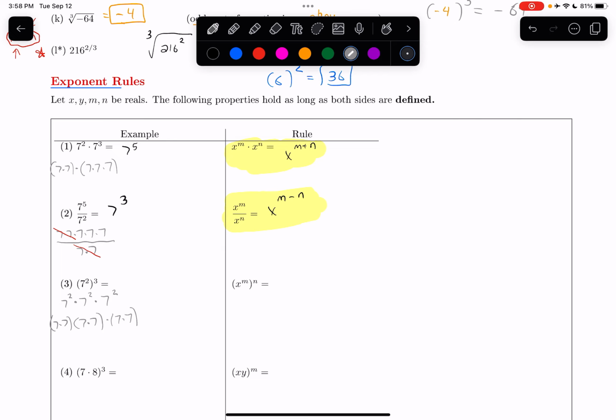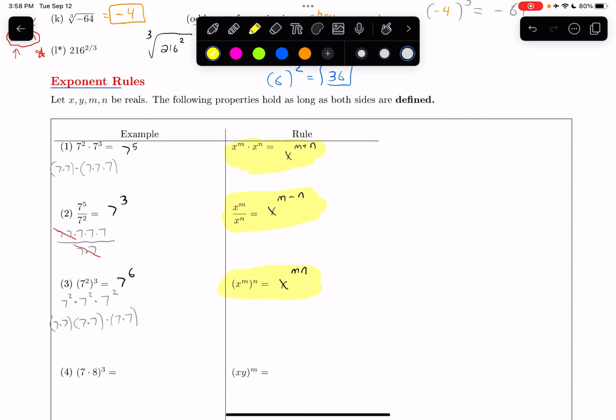So in total, I have 6 of these 7s multiplied. So this is 7 to the 6. The general rule there is, if I have a power to a power, the powers get multiplied. So I'll have x to the m times n.